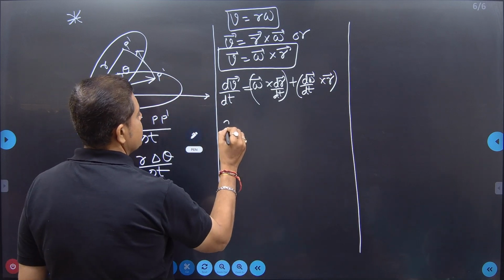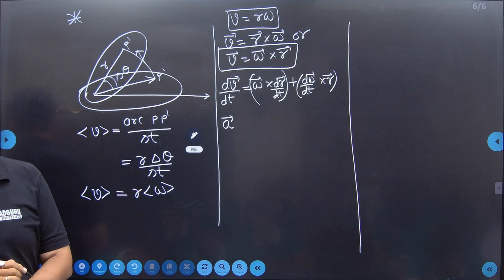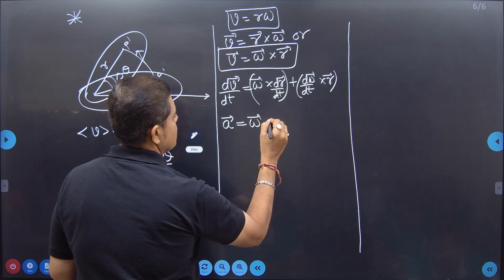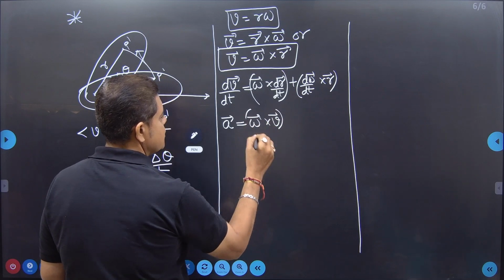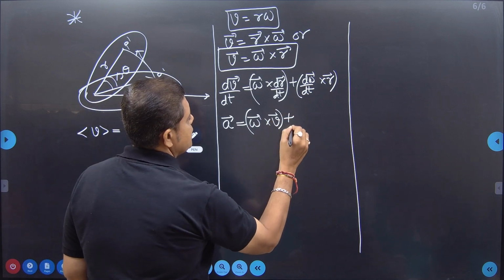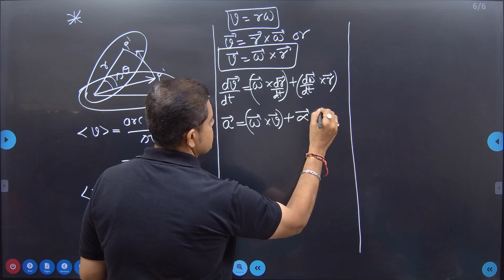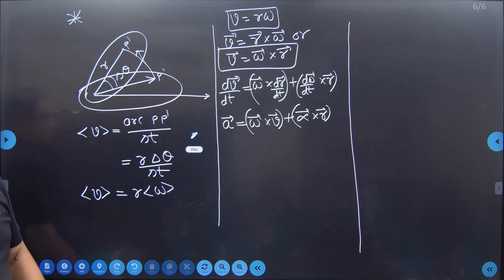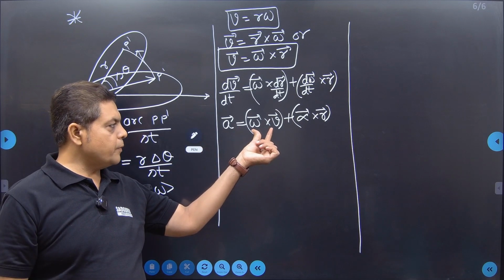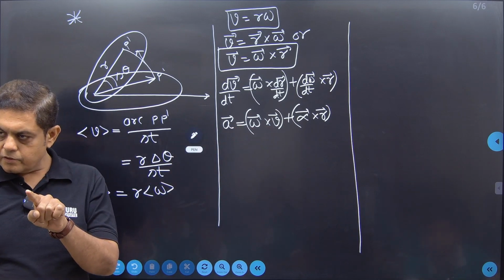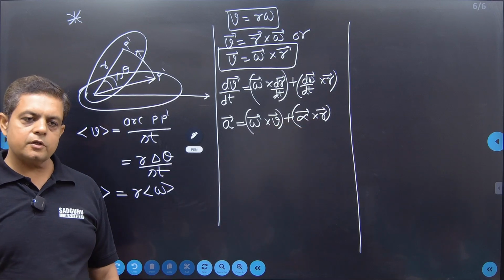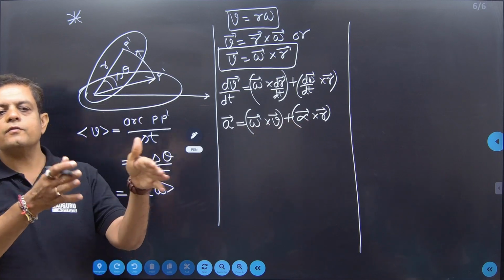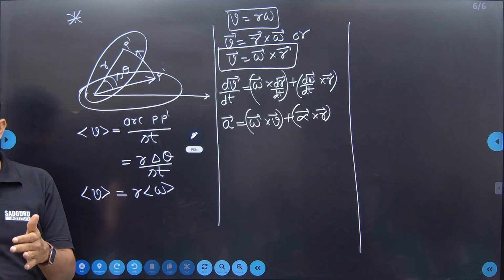Here dv by dt is the linear acceleration a, dr by dt is the linear velocity v, and d omega by dt is the angular acceleration alpha. So omega cross v and alpha cross r are both components of linear acceleration.